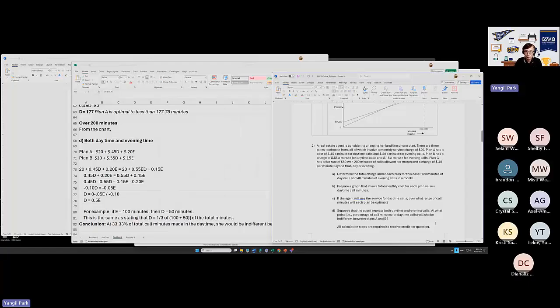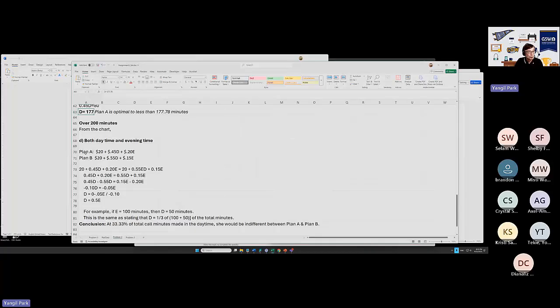So we need to solve for plan A and B. We can set up daytime with a D and evening time with an E. So 20 plus 0.5D plus 0.2E.